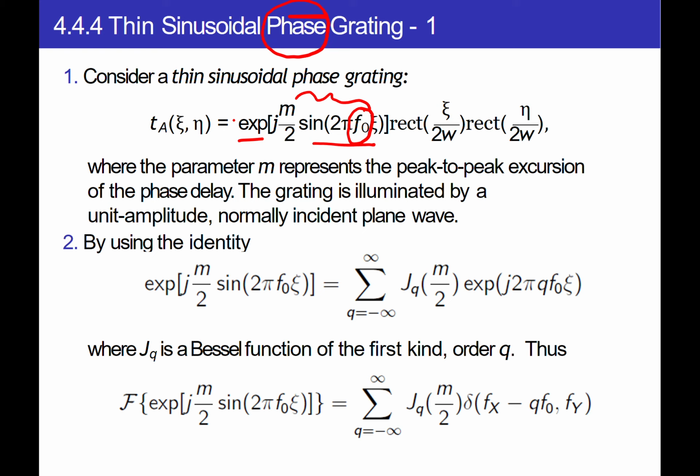In terms of amplitude, it is the same, 1, but it has a phase. Using the identity like this and then doing the Fourier transform, the exponential of this function becomes delta functions.